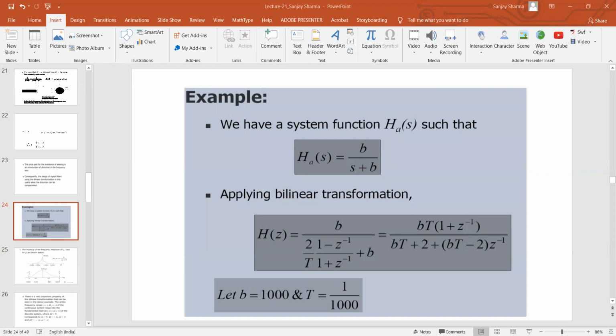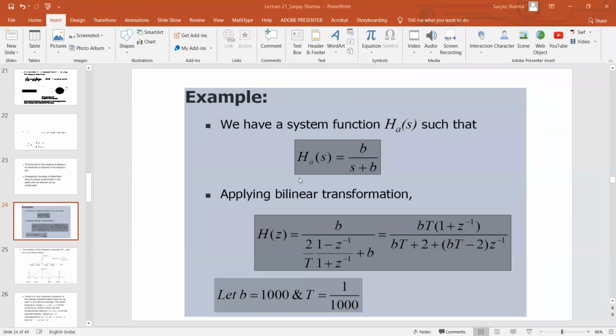I'm finishing, because I will not be able to complete the bilinear transformation. Let me start tomorrow fresh on bilinear transformation, so that things can be picked up from here only and explained in a nice way.